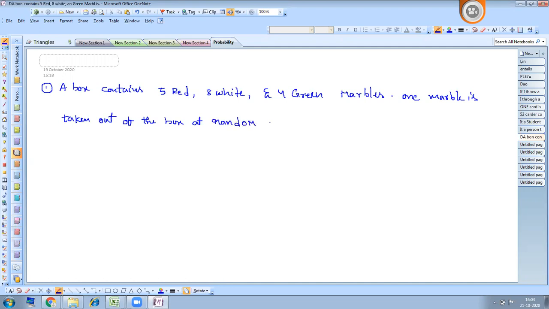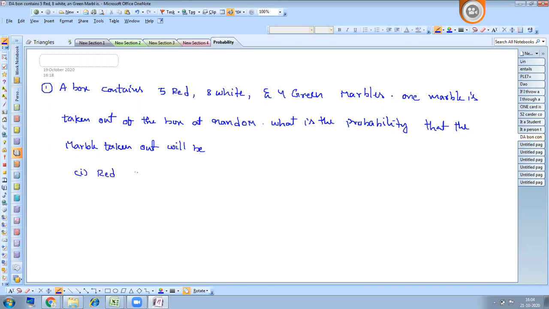What is the probability that the marble taken out will be: first, red; second, white; third, not green. Solve this one.